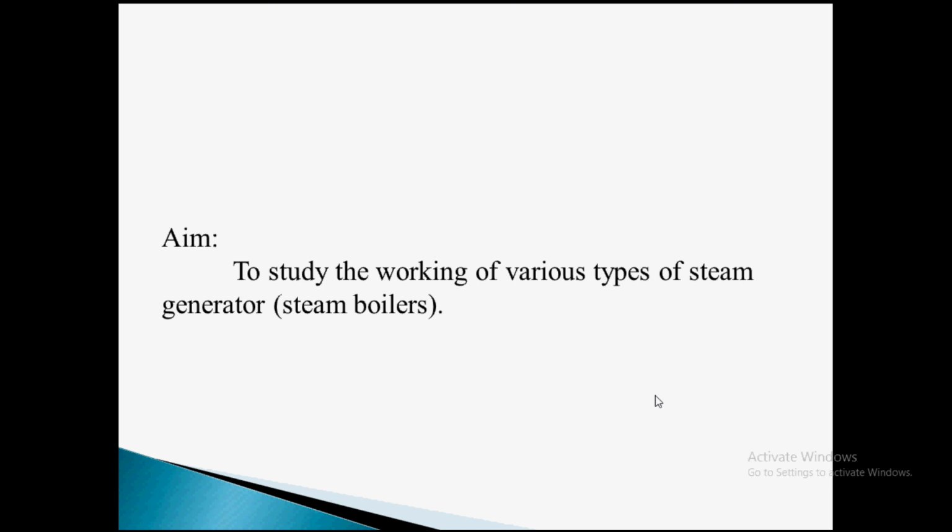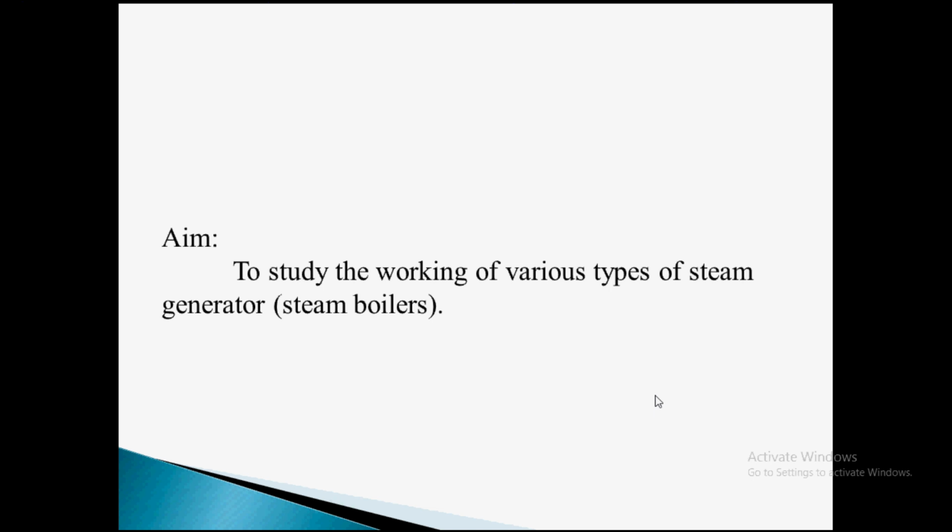It consists of a feed pump, an economizer, a boiler drum, radiant and convective superheaters, FD fan, air preheaters, electrostatic precipitator and chimney. The feed water from the hot well is pumped with the help of a feed pump to the boiler drum through the economizer.